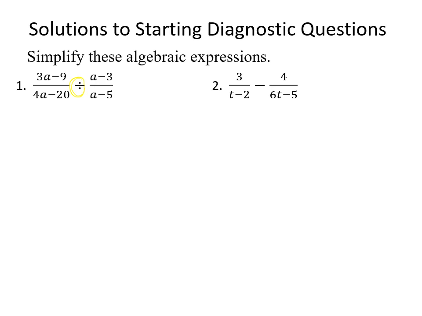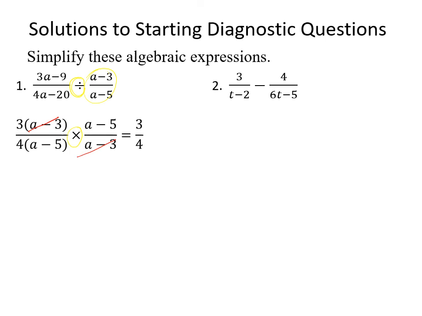I want to multiply, so I find the reciprocal of that, which is minus 5 divided by minus 3. So flip that expression. You write multiply. Okay, now I can see here x, a minus 3, I can cancel. I can also cancel a minus 5 with the minus 5, which gives you 3 over 4.